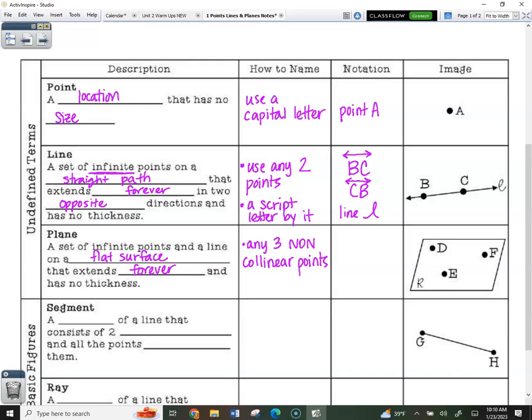Okay, so if it's non-collinear, it means they're all over the place. They don't line up, right? So if you look at this, you got D, E, and F. They clearly don't line up. I cannot draw one smooth line through them to hit all 3. So they're called non-collinear. So you would name this plane DEF or EFD or FED or EDF, doesn't matter.